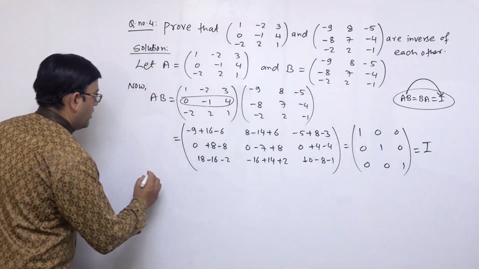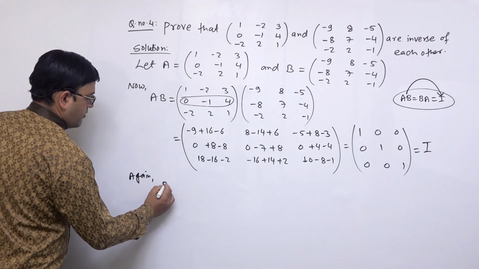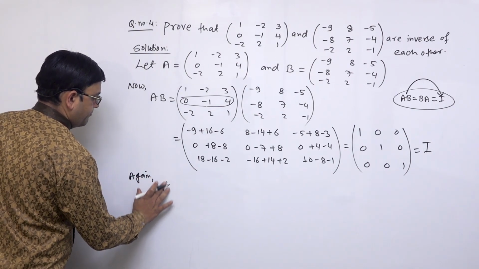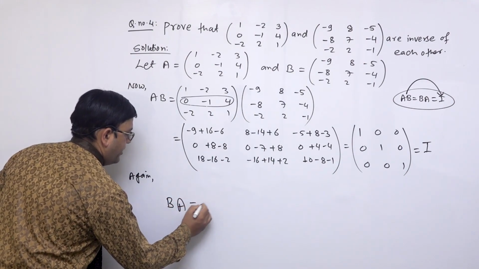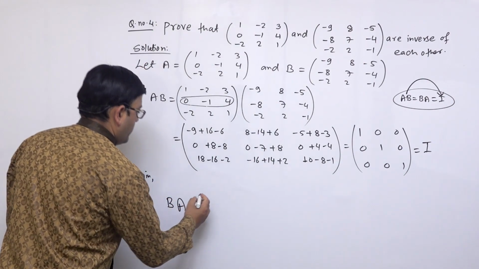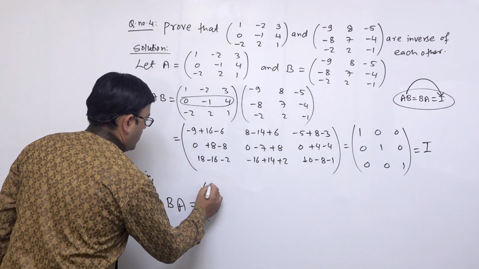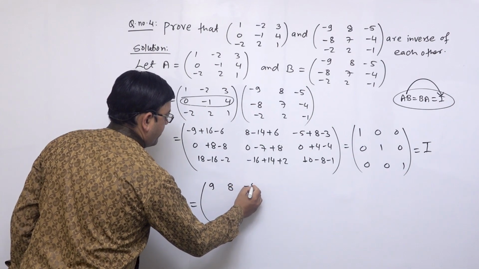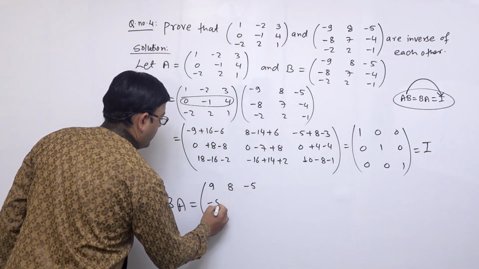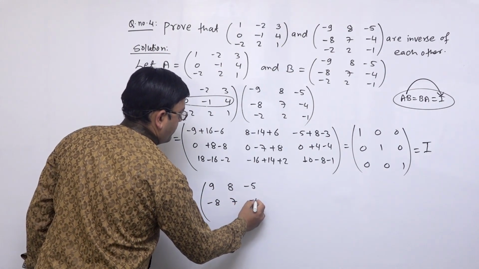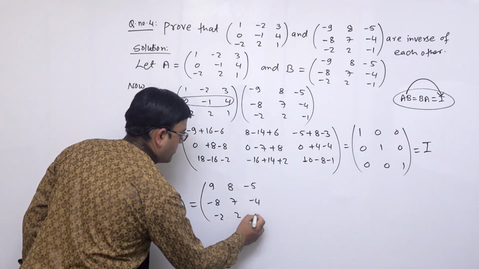Just look here, again BA is equal to, BA. What is B? We have B is 9, 8, minus 5, minus 9, 8, minus 5, minus 8, 7, minus 4, minus 8, 7, minus 4, minus 2, 2, minus 1.